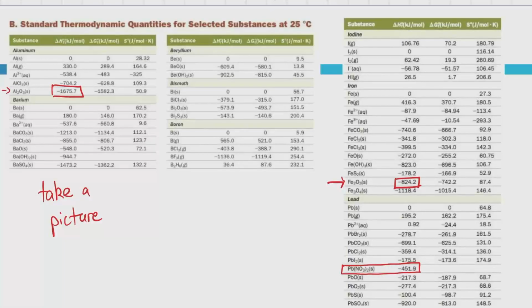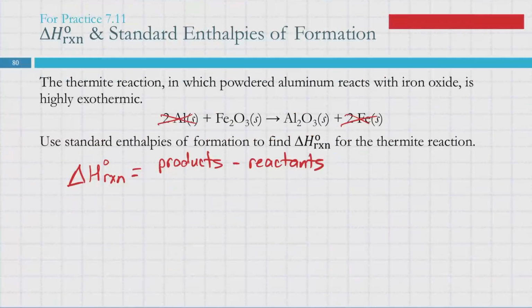So now we can jump back to our problem. Our product is the aluminum oxide. It's got a coefficient of 1, and it's got the value of negative 1,675.7 kilojoules per mole.